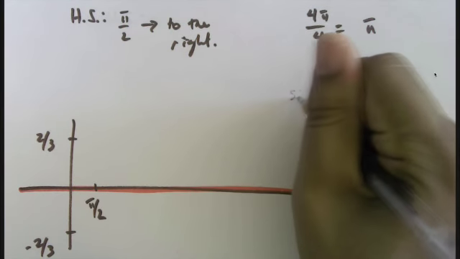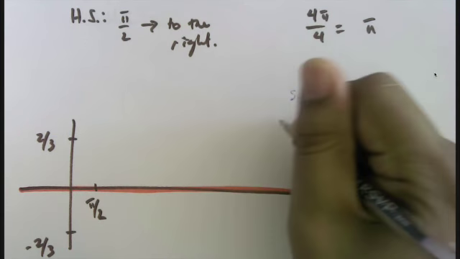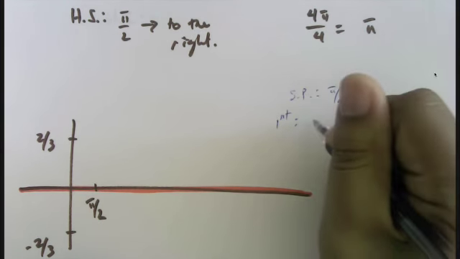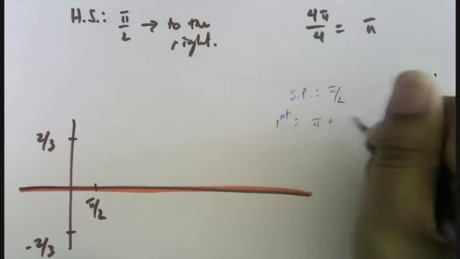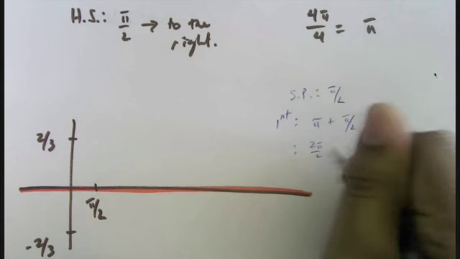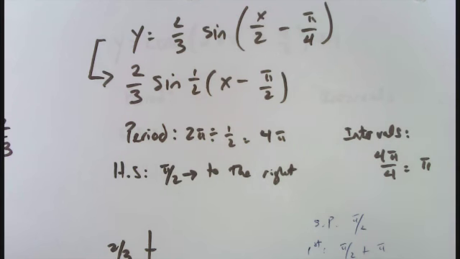My starting point was pi over 2, which means my first point after pi over 2 will be pi plus pi over 2. But that's the same thing as 2 pi over 2 plus pi over 2, which gets me 3 pi over 2. My second point will be 3 pi over 2 plus another 2 pi over 2.